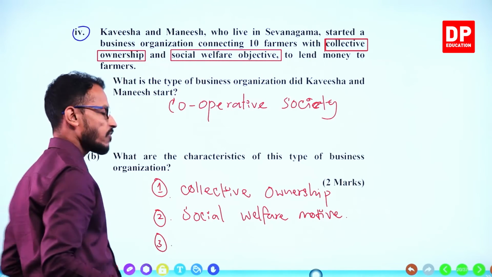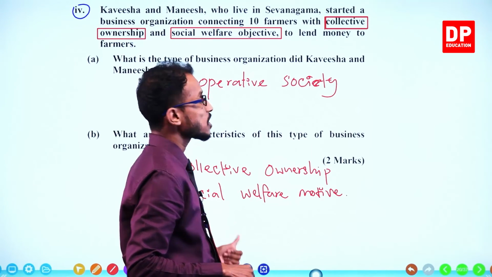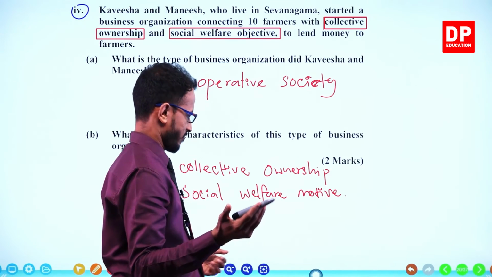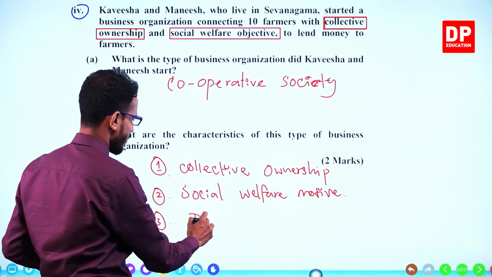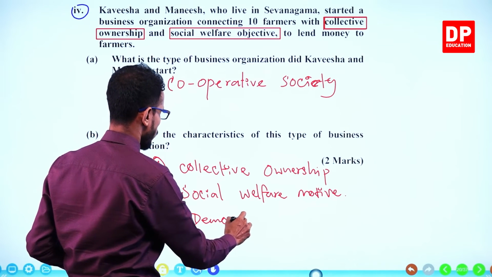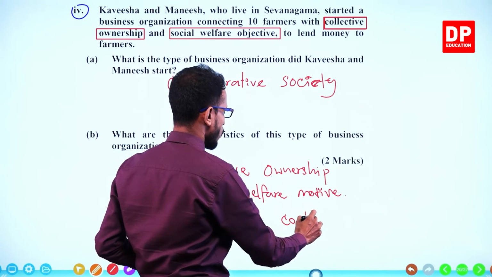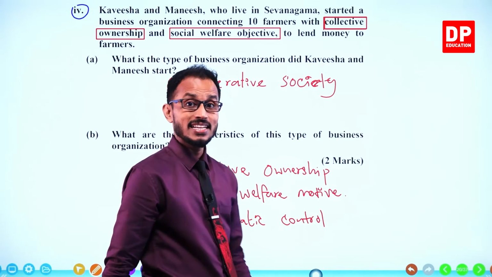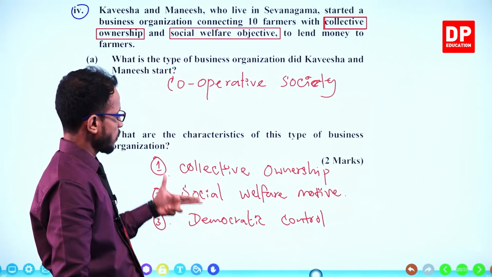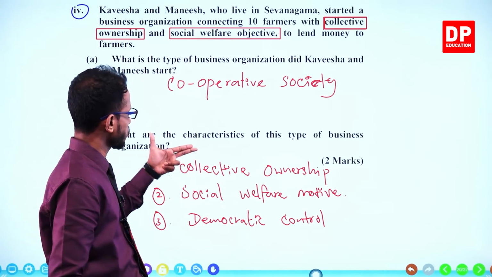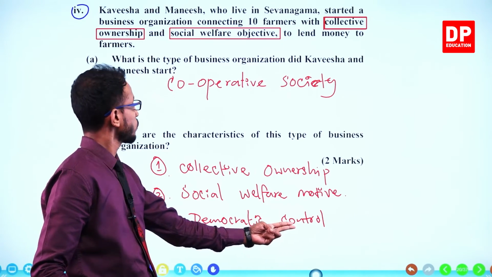Even a third one I can give you: democratic control. These are the keywords you can use to memorize or identify cooperative societies, right? And they become features also. Collective ownership, social welfare motive, democratic control.